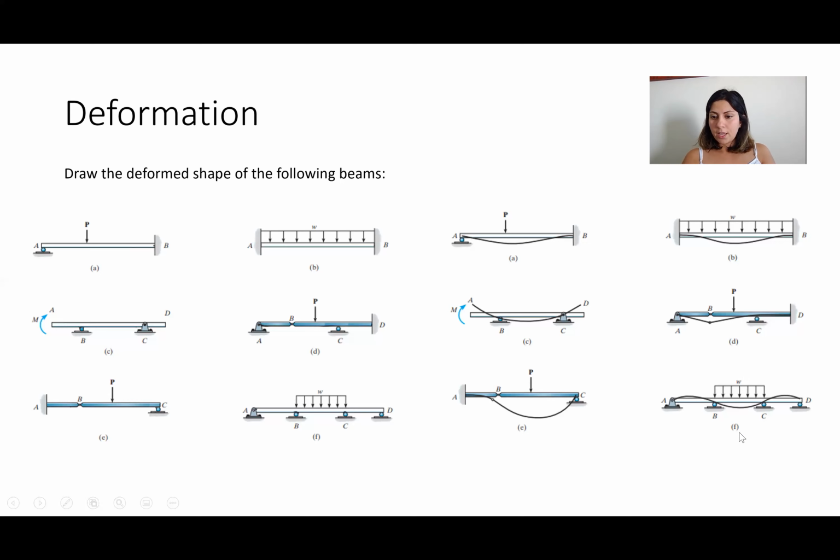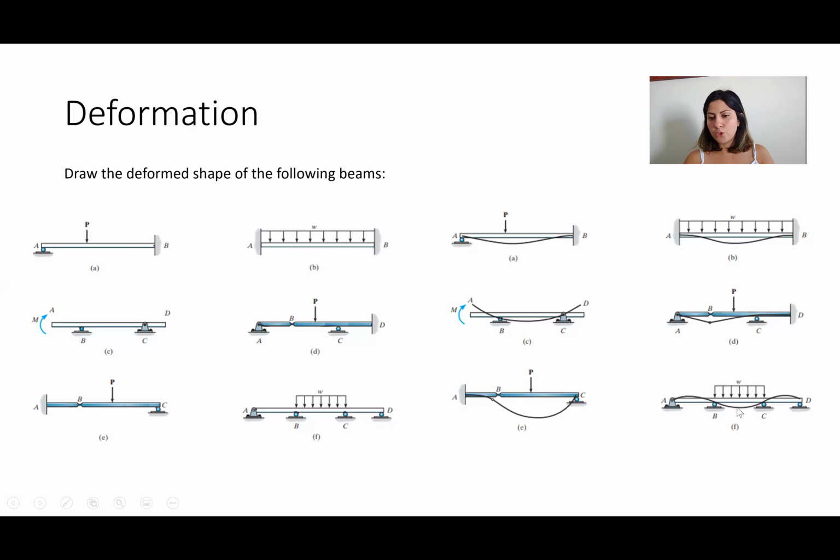Here, at F, you can see we have a UDL in the middle. So if you push the beam downward in here, because it is continuous, you have to continue the line and then go back to the fixed point at D, same as the other part.